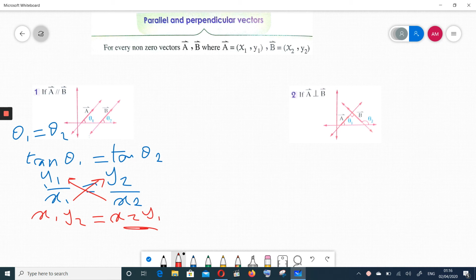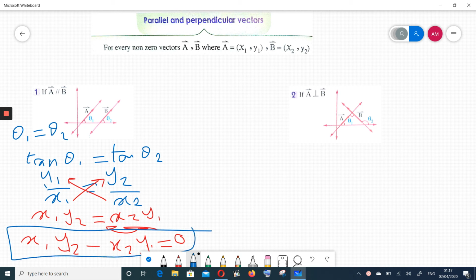If we take this side and put it here, it's going to be x1 y2 minus x2 y1 equals 0, and vice versa. So if we have two parallel vectors, that means tan theta 1 equals tan theta 2, and we can get this rule, and vice versa.